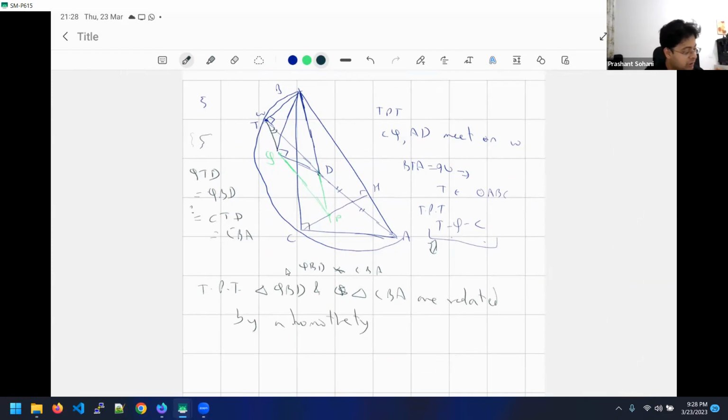That homothety will take point D into point A and point Q into point C. At this point, either you take a computational approach, computing the ratios and angles to show that these two triangles are similar, and that is how you finish the problem, or there are a few more elementary, less computational ways to do it.